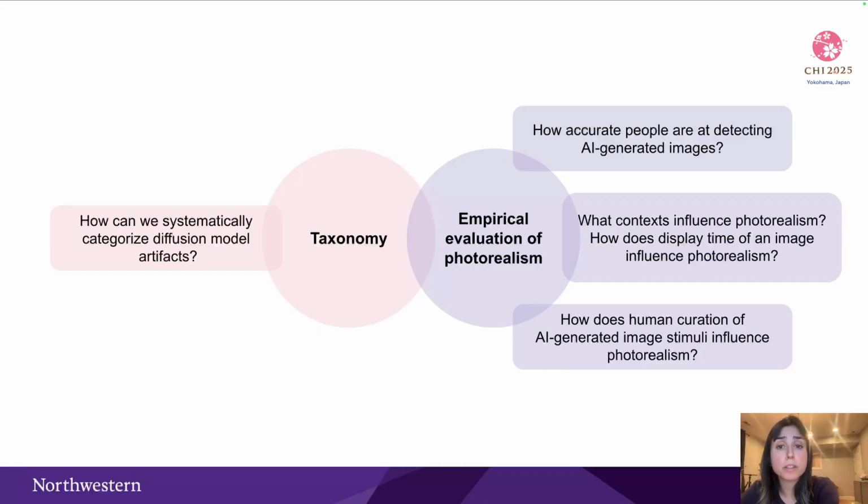The first part focuses on creating a taxonomy to categorize photorealism and diffusion model generated image failures. The idea is that if we can do this, then we can build a language for communicating these failures. In the second part of our research, we conducted a large-scale experiment to answer questions about human detection of AI generated images, both qualitatively and quantitatively.